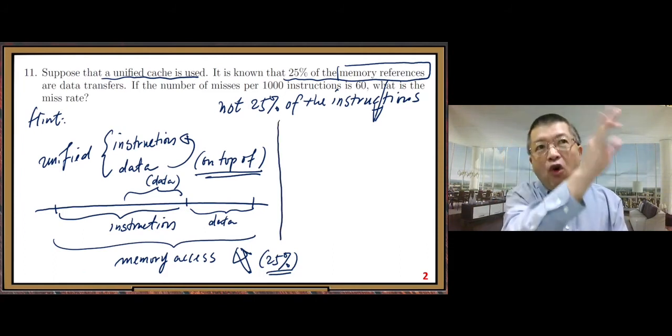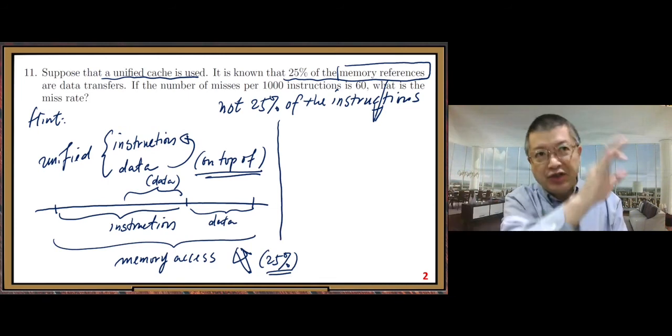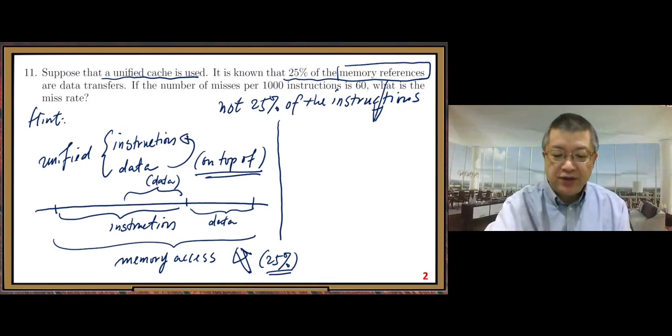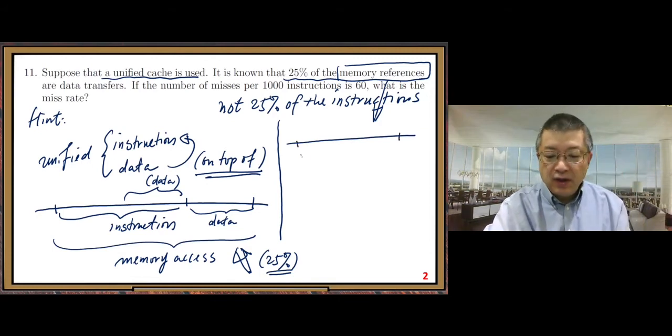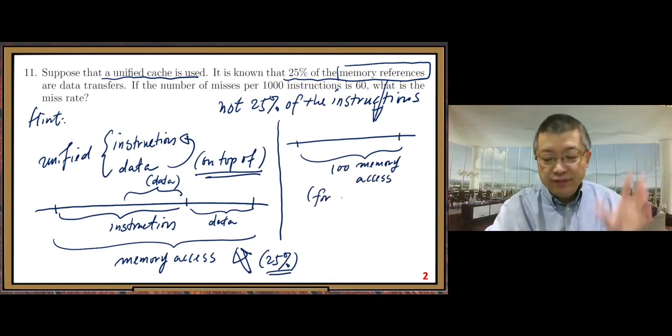For convenience, you'd better set the whole line segment as 100 memory accesses. Here I said for convenience because this way it is most convenient.